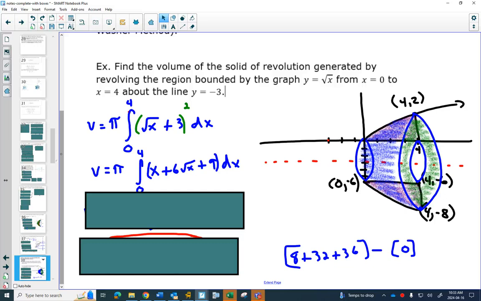Now, if I go from 0 to 4, and I take my square root graph like I normally have done, and I add the distance of 3 to it, what I am doing here is basically taking my square root graph and doing a vertical translation 3 units up. If I took my graph and shifted it 3 units up, and I did a rotation around my x-axis, that would be exactly this. And that would give me a full disk and be this full solid that would be involved with that.